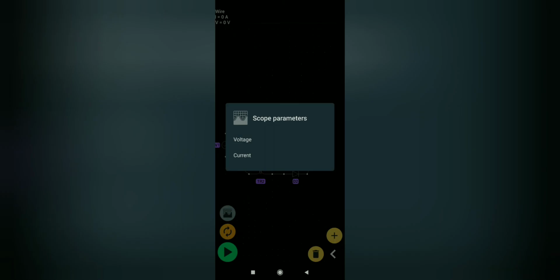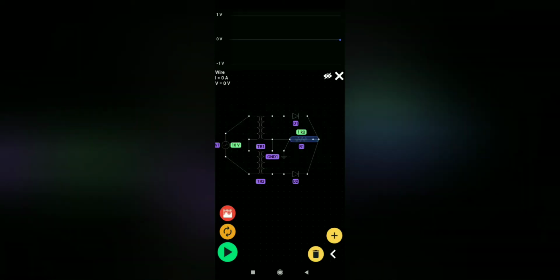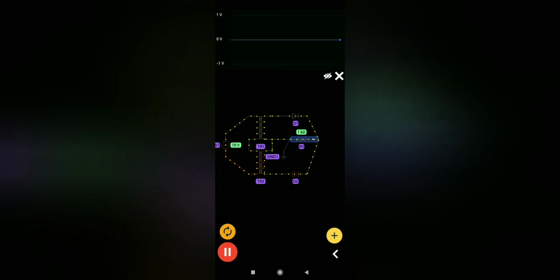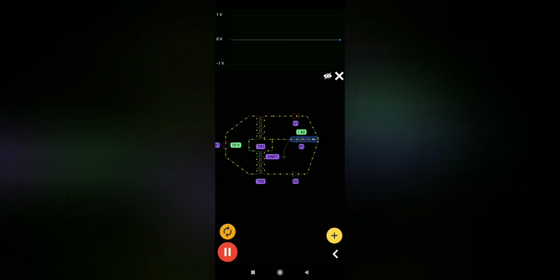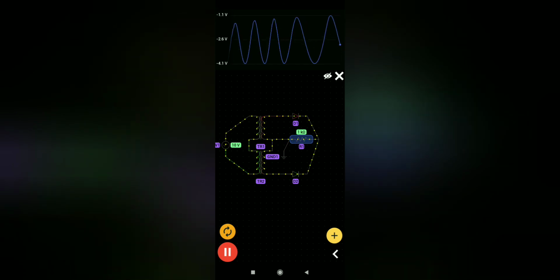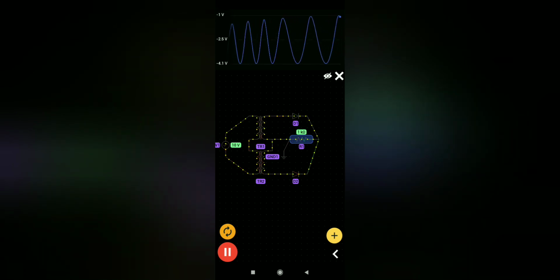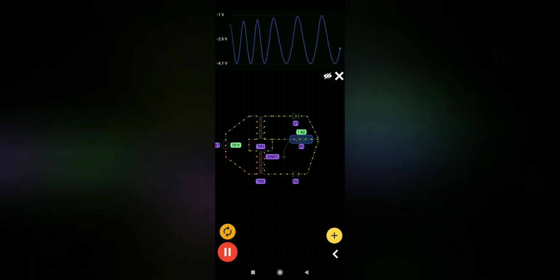Therefore, select the scope parameter and run. This is the output waveform, which shows the full wave.